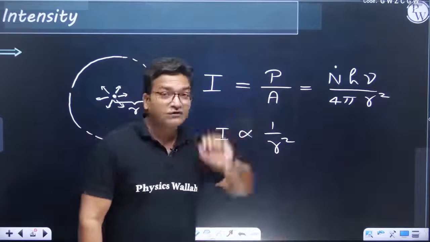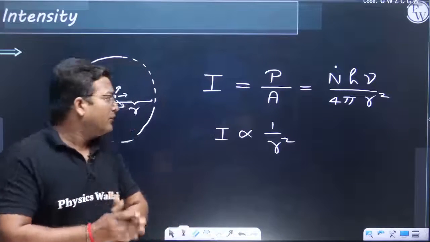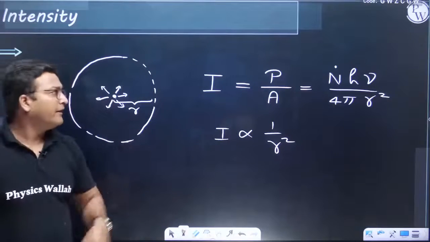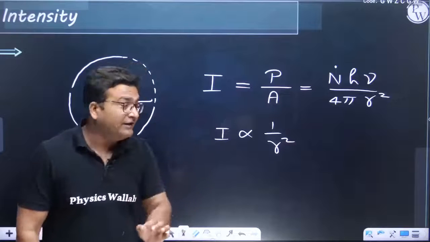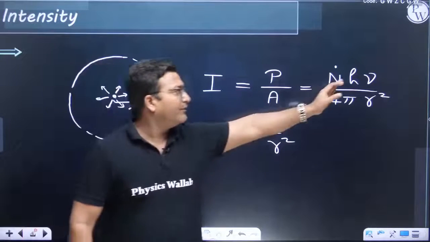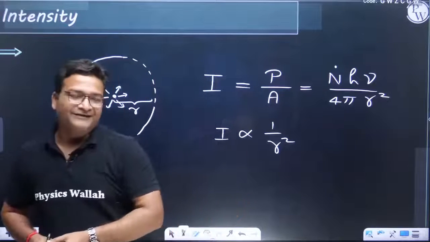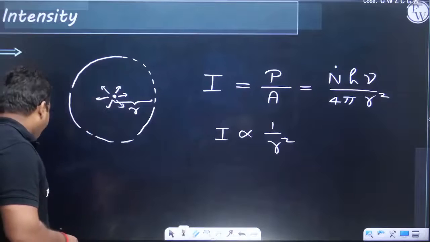So if somehow we double the number of photons emitted per second, the intensity is going to be doubled if the frequency is kept constant, because intensity also depends upon the frequency, right? So this is intensity.